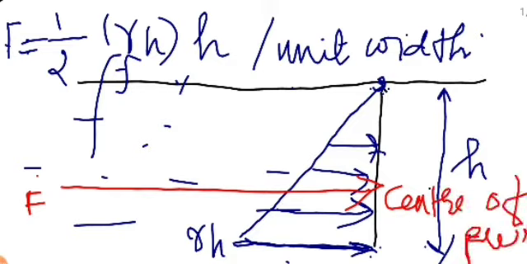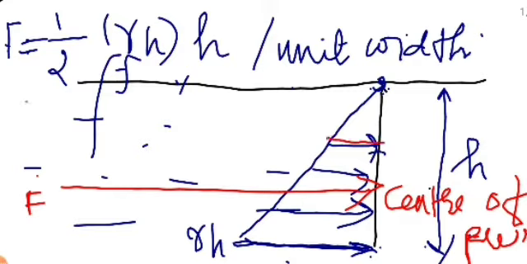So here I have considered a rectangular plate. That is why I can take it as unit width. Otherwise, the area on which this force acts also varies, so we cannot directly take the area of the graph. Okay, I think you are understanding my words.